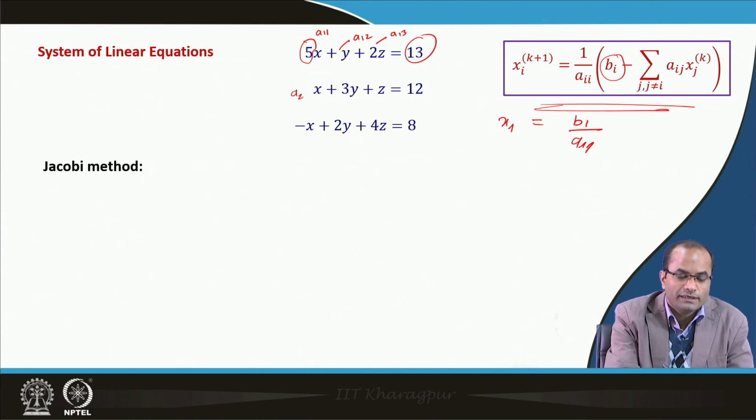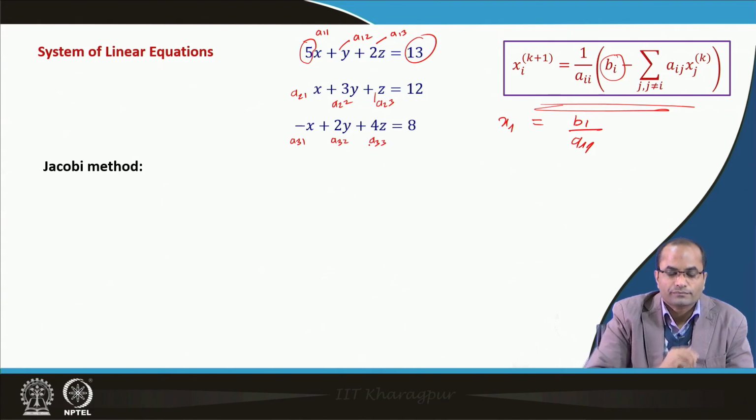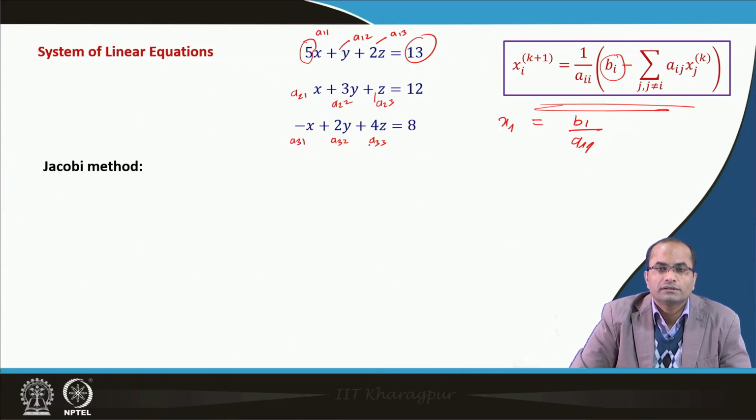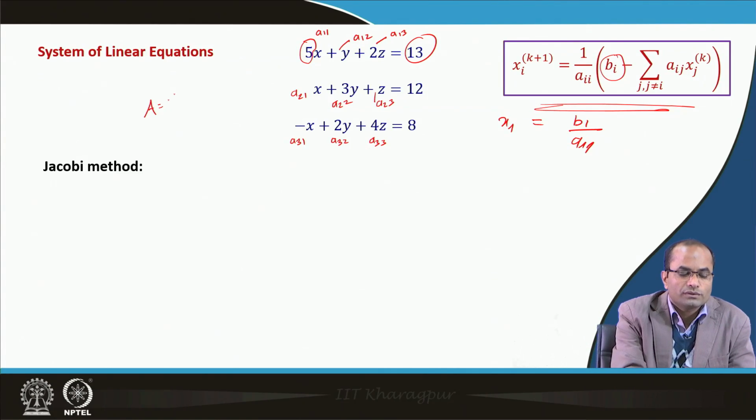Here again we have a21, this is a22, and this coefficient is a23, and then we have a31, a32, and a33. So, this is the coefficient matrix, which can also be written in this form as a11, a12, etc.